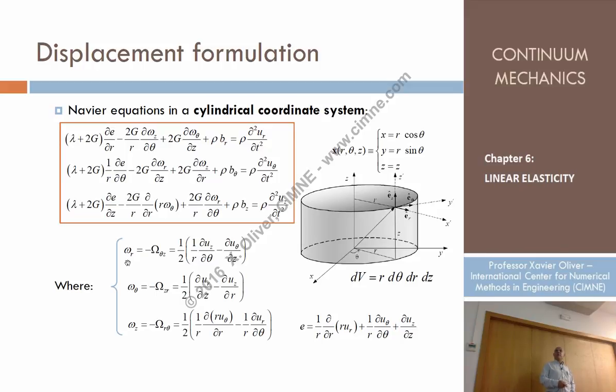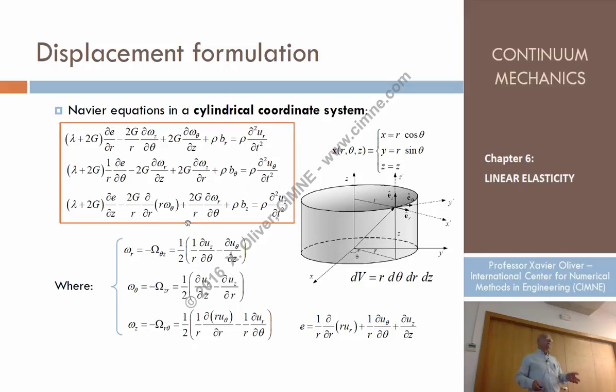Then omega r, omega theta, omega z. What is that? These are the rotation angles. You remember the rotation angles that we talked about in the strain chapter. So you compute these, you compute that, then you replace everything in here, which is simplified in terms of that, and you solve these equations.